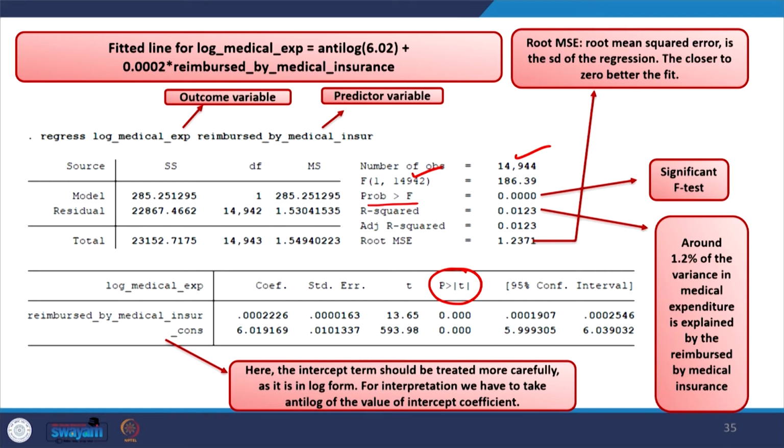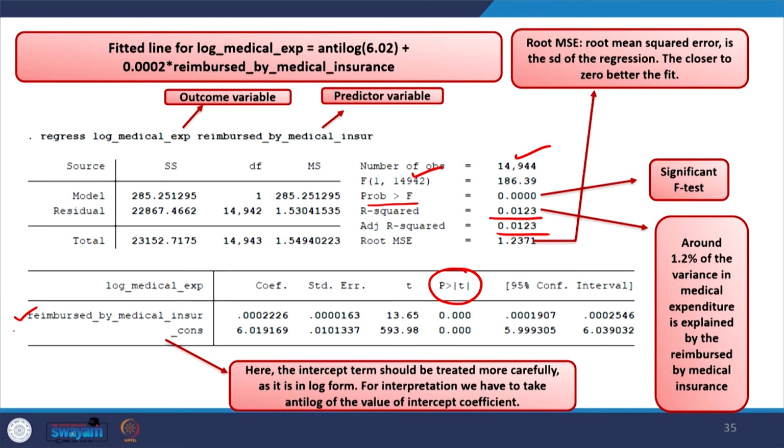Similarly adjusted R square, where the degrees of freedom due to the parameters are changed, so the number of estimated parameters changes. Since here we have taken only one independent variable, the number of parameters is the same as per the entire model. So, R square and adjusted R square are the same. Okay. So, it is not different.